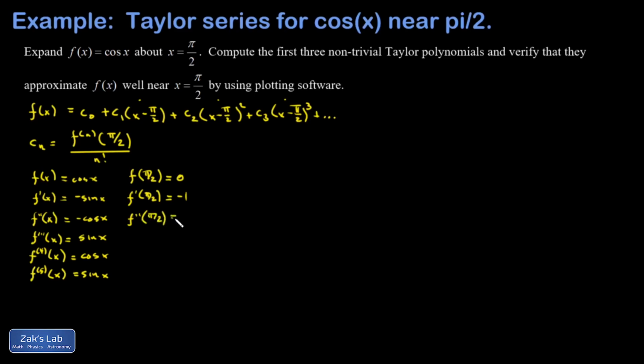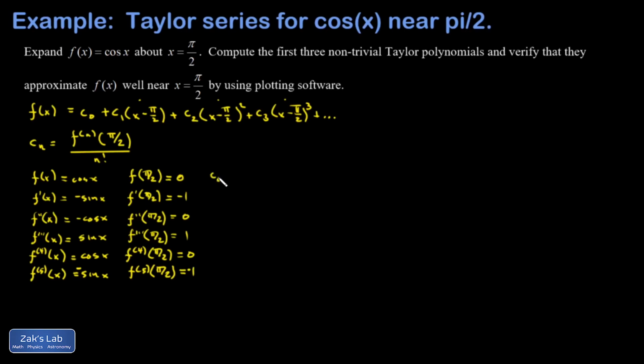The second derivative vanishes. f triple prime of pi over 2 is 1 because the sine of pi over 2 is 1. The fourth derivative vanishes. And for my fifth derivative, I made a sign error. I missed a minus sign in there, so let's fix it right now.